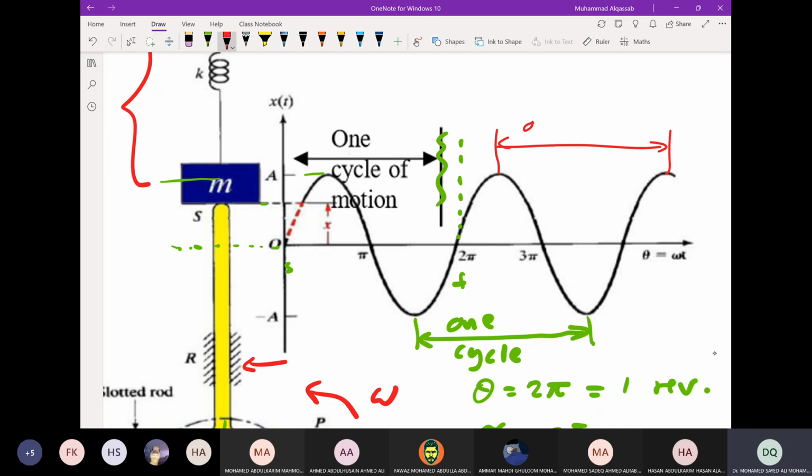So you can measure the cycle either from zero to zero or from peak to peak, I mean, from one peak to the next peak. The time required here is called tau. The time to complete one cycle is called tau.